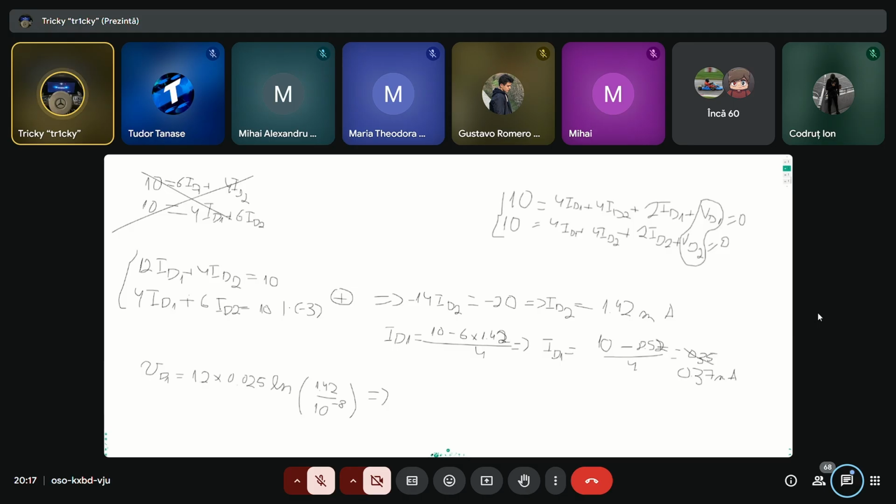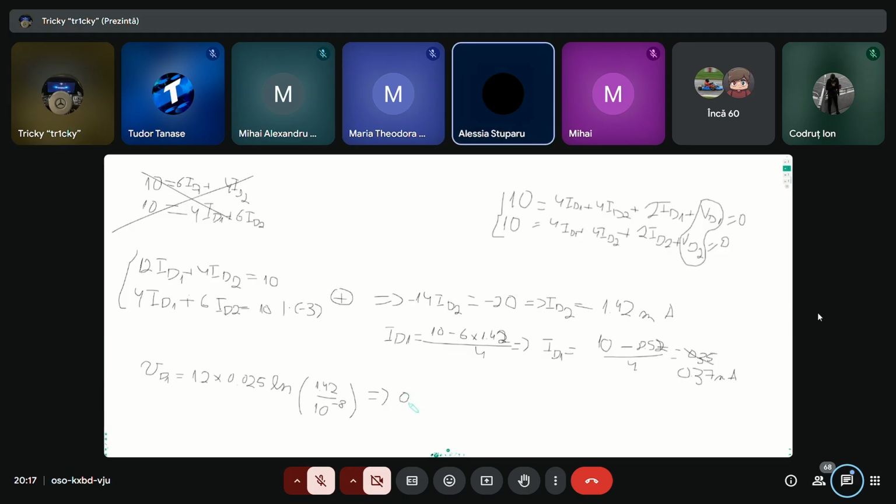Okay, I hope. În logaritm ai luat curentul de la ID2, la numărătoare, să știi. Ai pus 1,42 în loc de 0,37. Păi ID1 trebuie să scrie aici, nu? Da, am înțeles ce zici. It's the same thing.